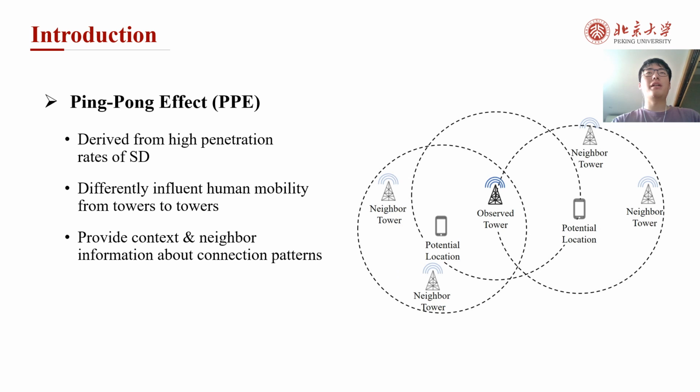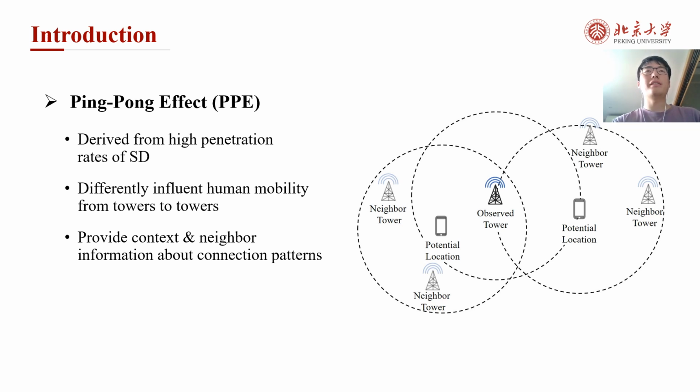In addition, we have explored new opportunities to mine human mobility derived from high penetration rates of SD. Due to the load balance strategies as well as environmental factors, cell phones are not always connected to the closest cell tower, which means that they may connect to any connectable cell towers based on real-world network loads.